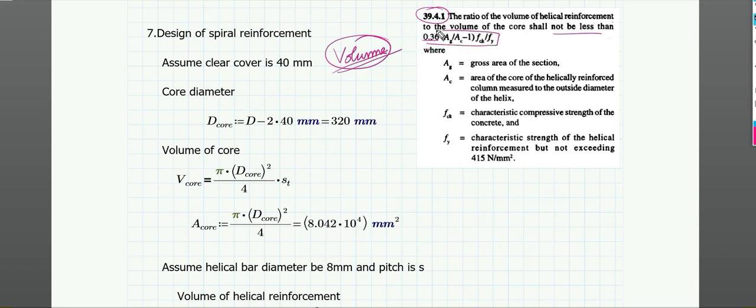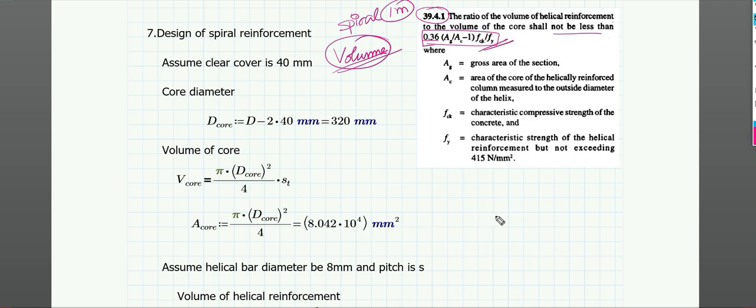So you have to calculate the volume of spiral reinforcement you have provided in, say, 1 meter, and then compare it, and that should not be less than this value. So now our task is to find out the volume of the spiral reinforcement.